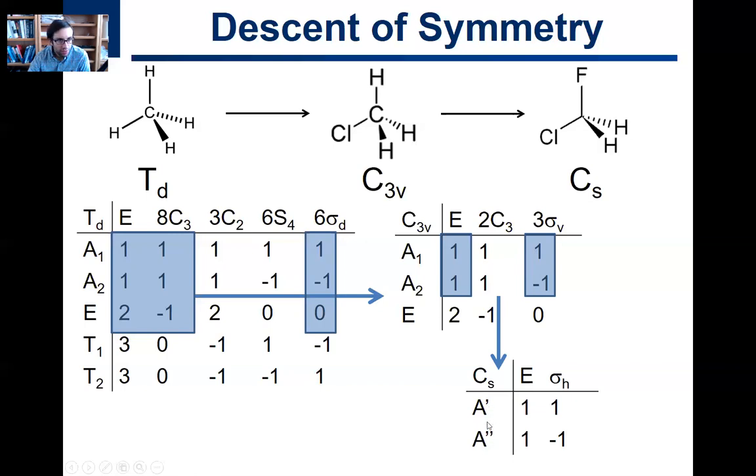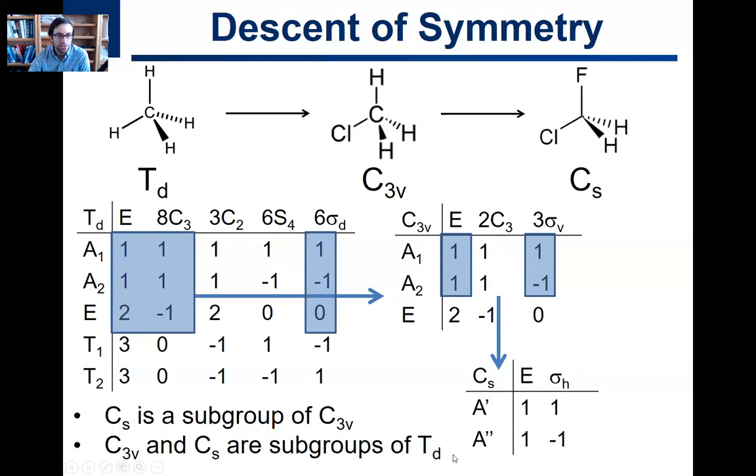You'll see the molecule symbols change slightly. Here you have primes instead of 1s and 2s because you no longer have a principal rotation axis. You only have sigma h. But all these things are true, okay? And so we call this a subgroup. So Cs is a subgroup of C3v, and C3v and Cs are subgroups of Td, right?